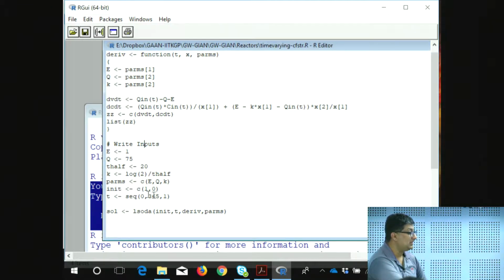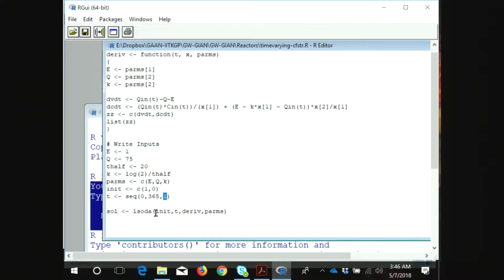And then my sequence, I'm going from 0 to 365 in whatever time step you want. I was going with 1 day. If you want half a day, you could change that. And then my solution using lsoda: the first has to be the initial conditions, the second has to be the time, the third has to be the function, and then you send the parameters.